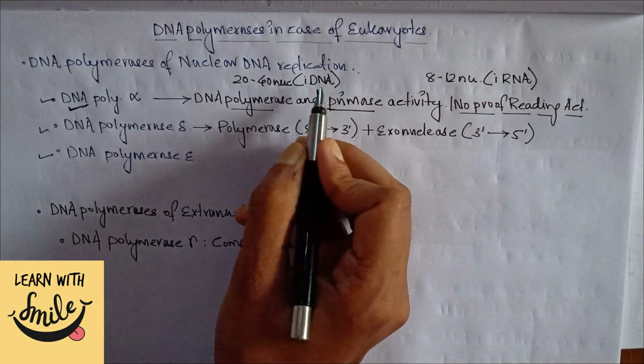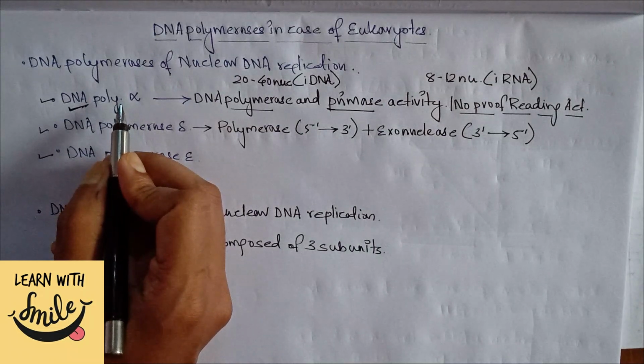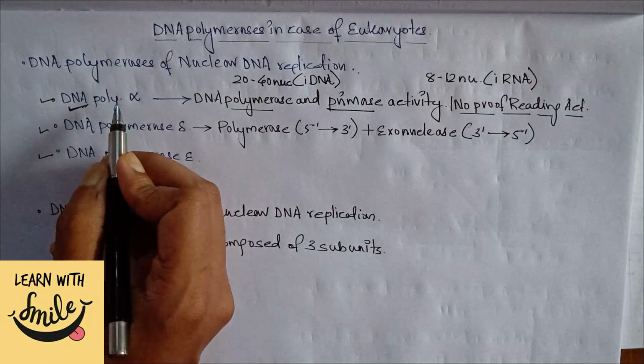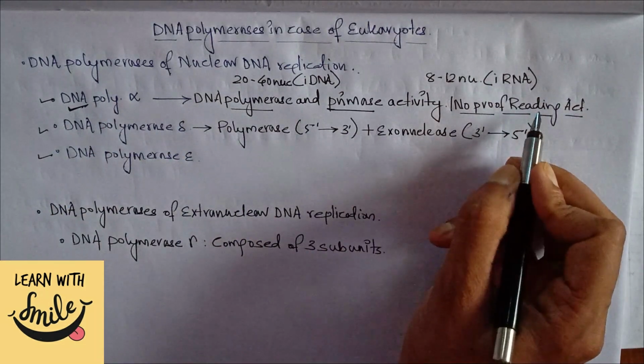DNA. Now remember that this DNA polymerase lacks the exonuclease activity, which is very important for proofreading, and thereby DNA polymerase alpha lacks proofreading activity.